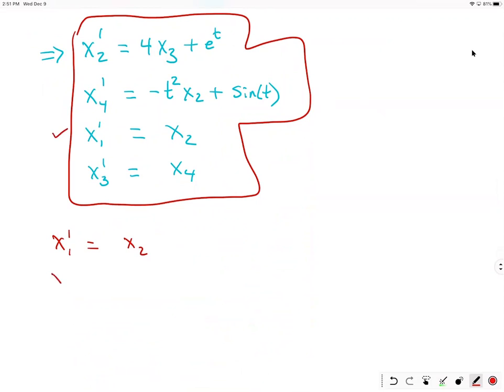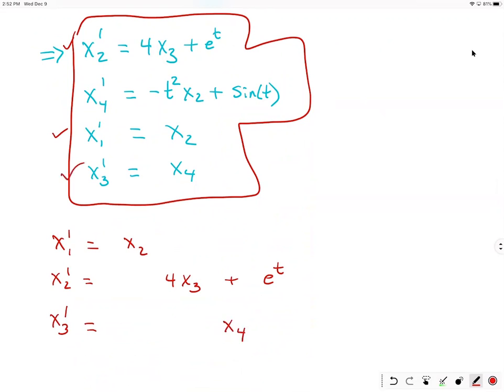And then x2, take the first derivative, is 4x3 plus e to the t. And then x3, take its derivative, is equal to x4.